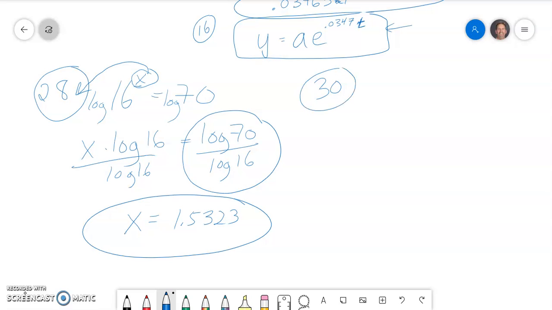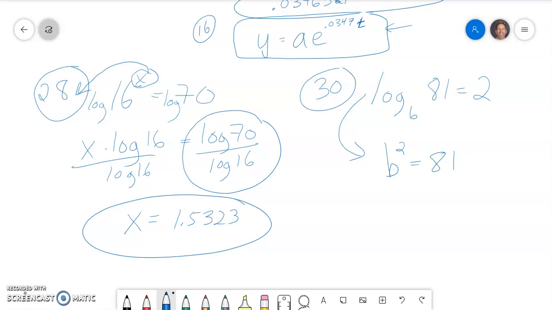And then there's just one more problem, and that is number 30. For number 30, I think the original problem said solve this, log base b of 81 equals 2. Now again, what I would do is just put it into exponent form. So this would be b to the second power equals 81.